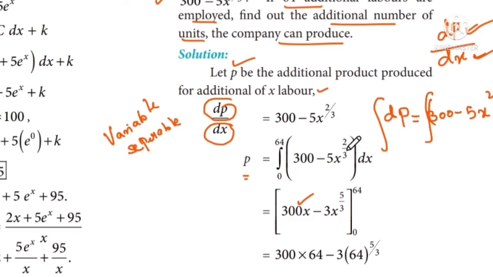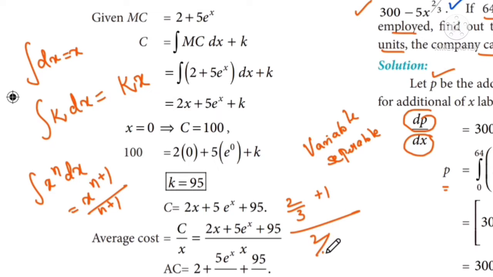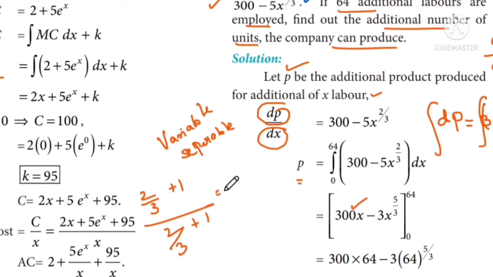Then 5x to the power 2 by 3. When you integrate that, you apply the power rule: x power n dx is x to the power n plus 1 by n plus 1. So use that formula here. 2 by 3 plus 1 is 2 plus 3, 5 by 3, so divided by 5 by 3.